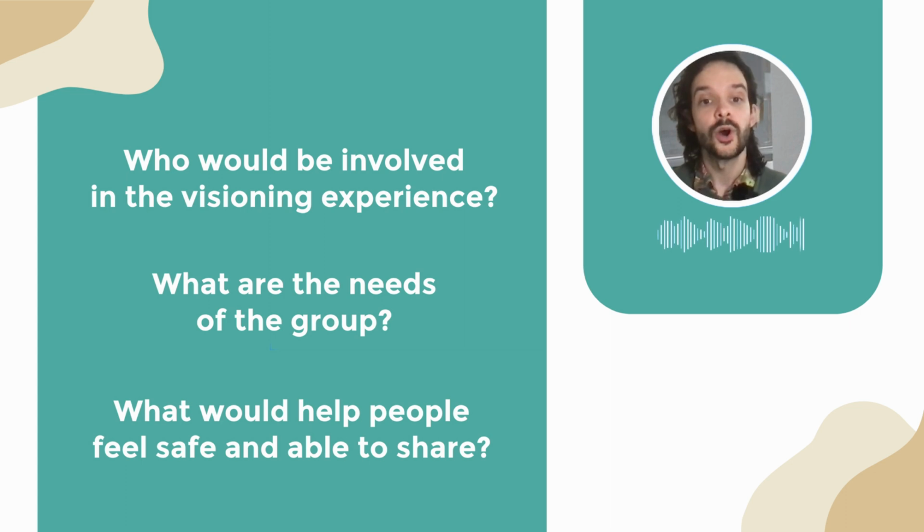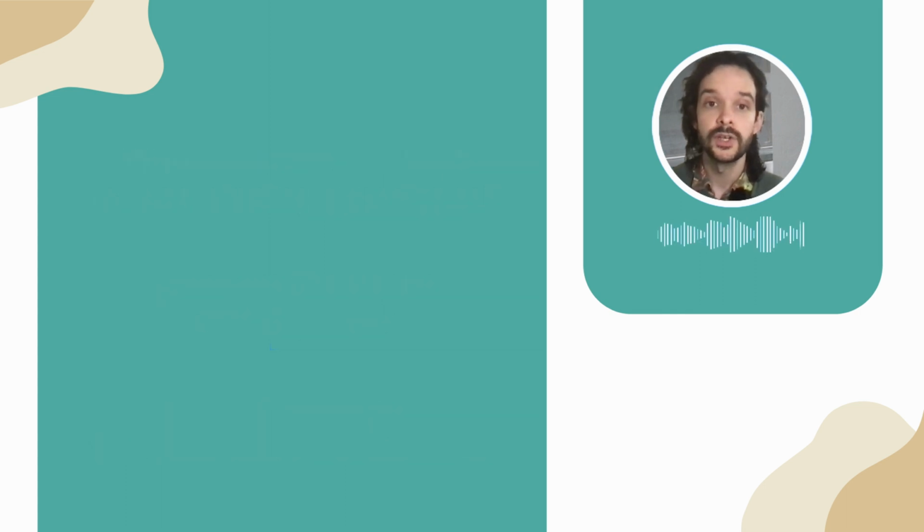So it's important to hold space in a way that people feel safe and are able to share. This is one thing to consider before you even start the visioning process. Who are the people that will be joining you, and what are their needs? How can you create a space where their needs are met for this time that you're together so that they can feel safe to share their vision?